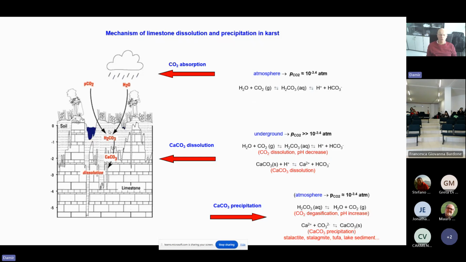During this process, the partial pressure of carbon dioxide in the water additionally increases, and it's much higher than 10 to minus 3. Such acidified water can dissolve the calcium carbonate, and this is the reason why all these caves and forms in a karst can appear.